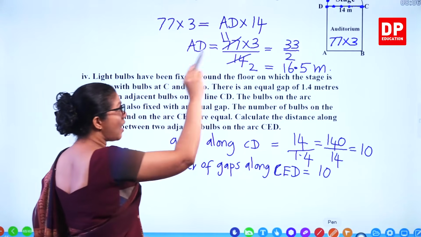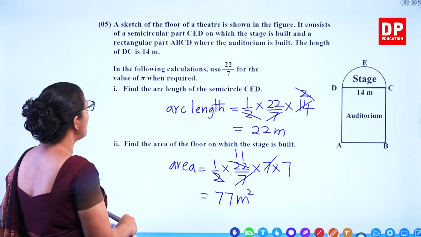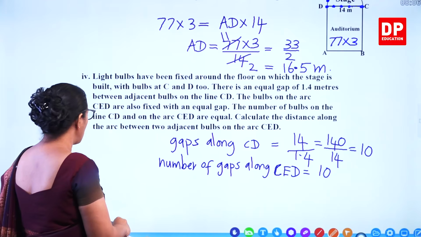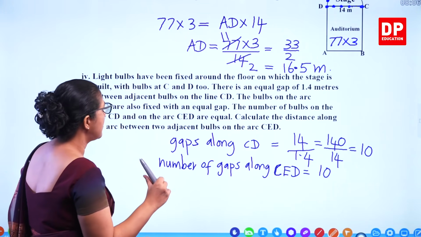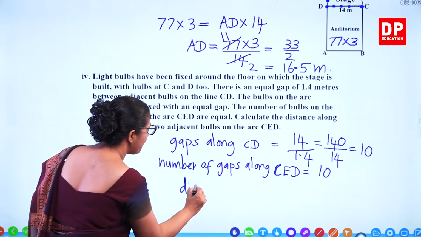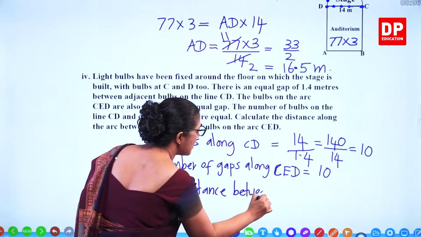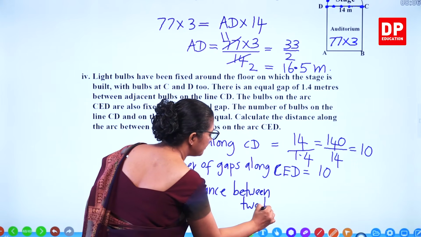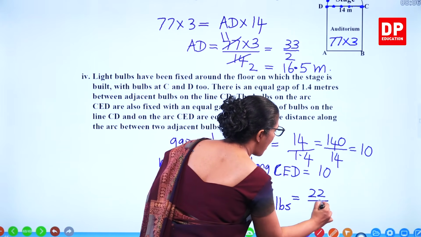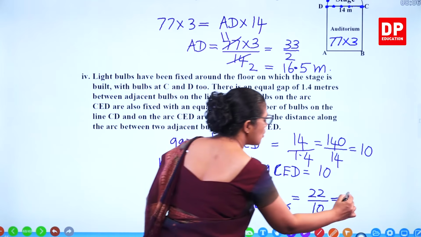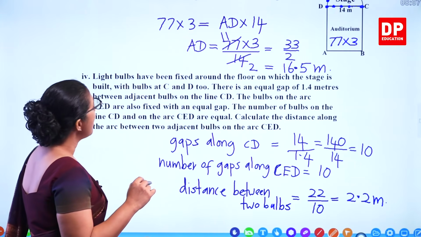Then we found out the arc length of CED is 22 from the previous part. So 22 divided by 10 is the distance between two bulbs. 22 meters divided by 10, that means 2.2 meters. So that's the last part.